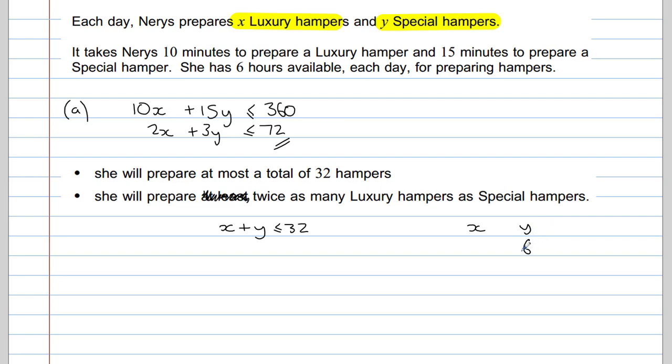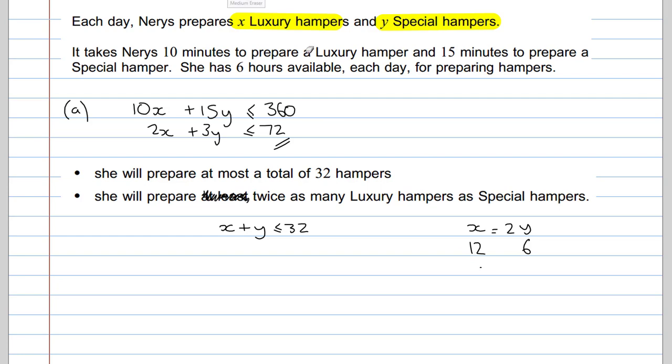So let's say I had 6 special hampers and I've got twice as many luxury hampers. That means I would have 12 luxury hampers. And then I think, what would I do to Y to get X? In this case, I need to multiply by 2. So I could say that X would be equal to 2 lots of Y. It's very easy to check. 2 times 6 is 12.